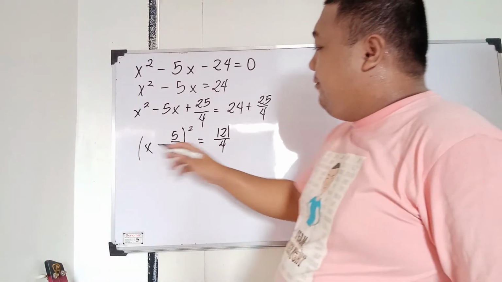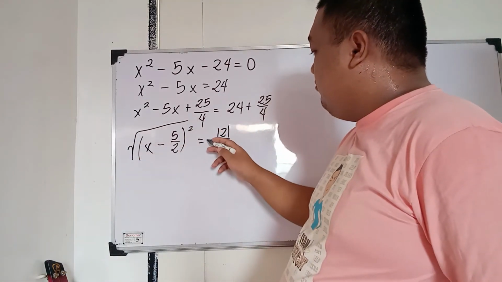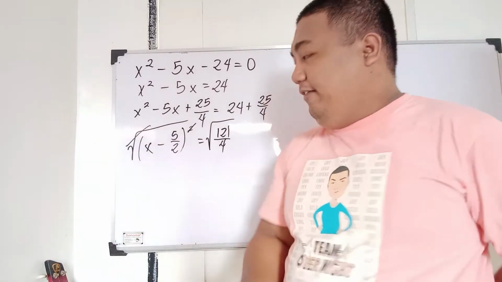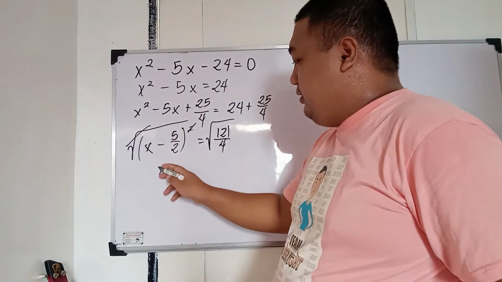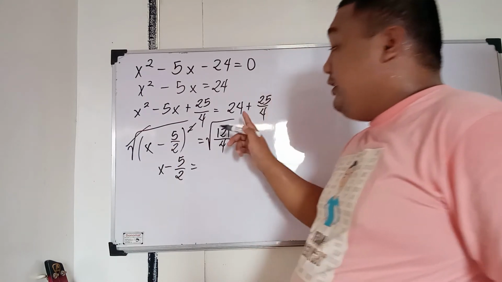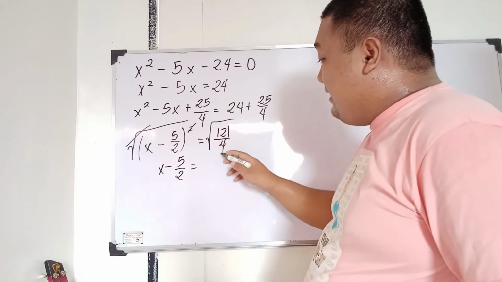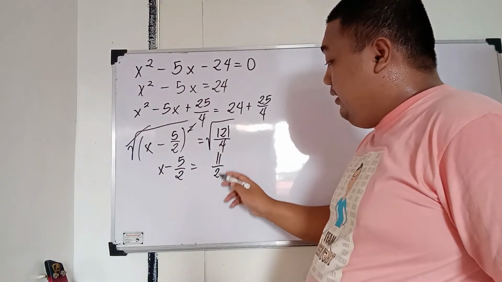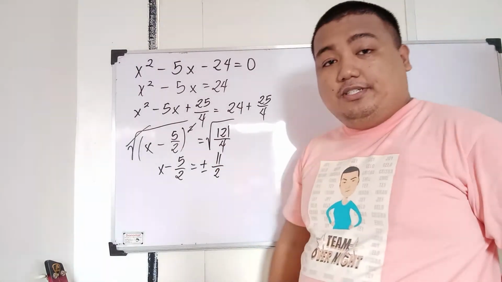Okay? Then after that, square root. So, cancel lang square ni x minus 5 halves. So, it's equivalent to x minus 5 halves equals square root ni 121, that is 11, square root ni 4, that is 2. Then, plus or minus.